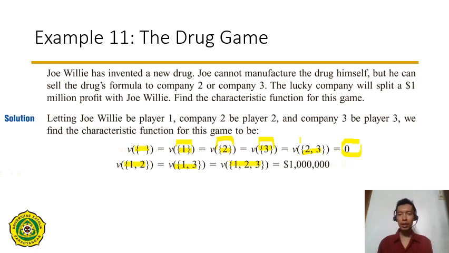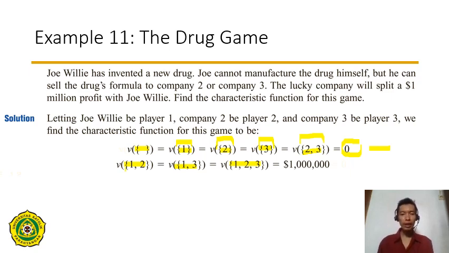Also, if the companies form a coalition, company 2 and 3, the value that they will receive is 0 because they have the ability to manufacture the drug, but they do not have the formula. Okay, so that's why all the subsets in this row, the characteristic function value equals 0.